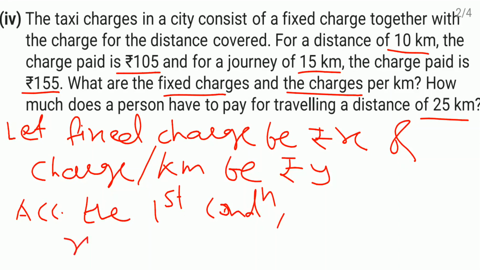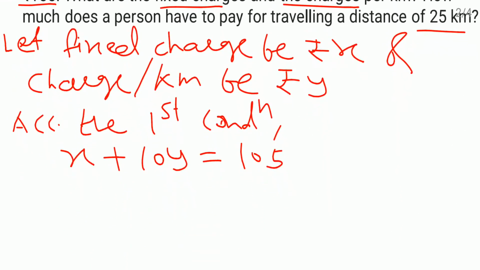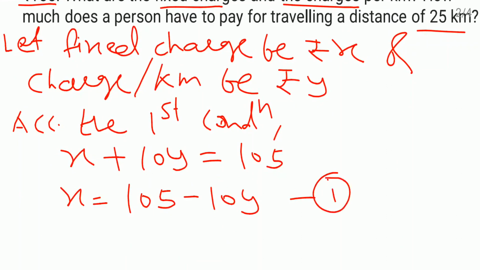So X is the fixed charge, plus for 10 kilometer the charge is 10Y, and the total money paid is 105. Correct? So I will write this as X equal to 105 minus 10Y, and I will name it as equation 1.